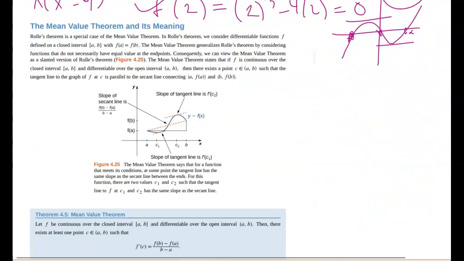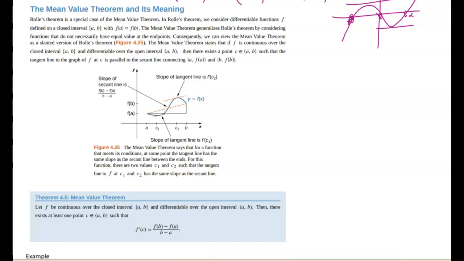Now, an extension of Rolle's theorem is the mean value theorem. Mean value theorem, when you think of average and mean as the same thing. F of A and F of B don't have to be the same.